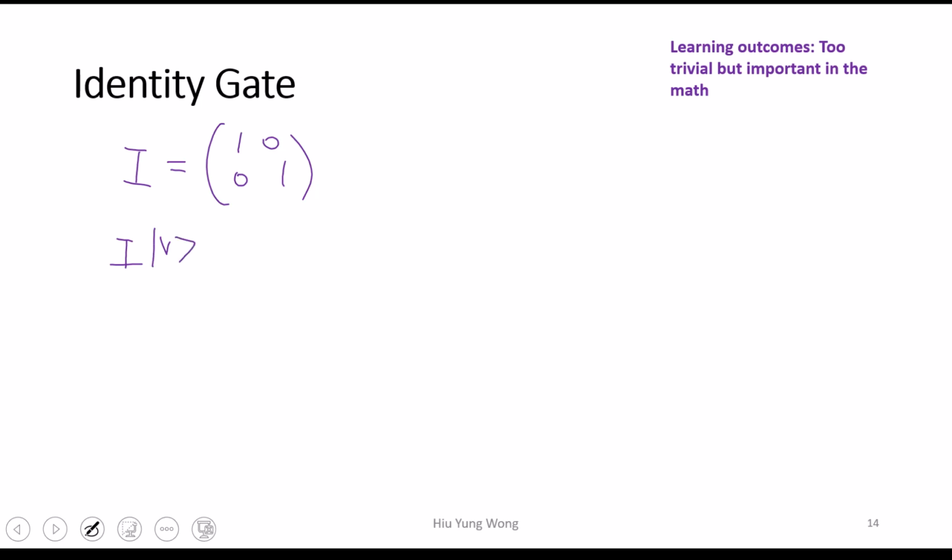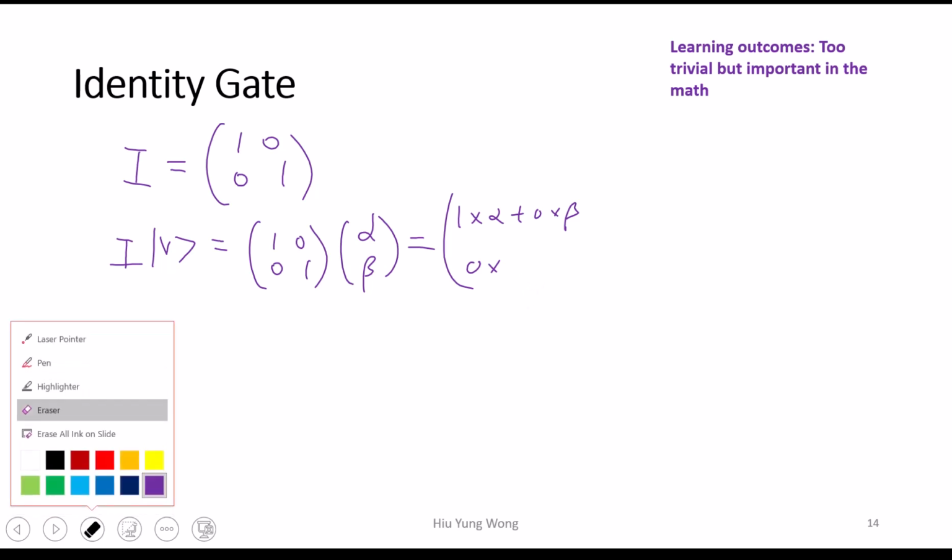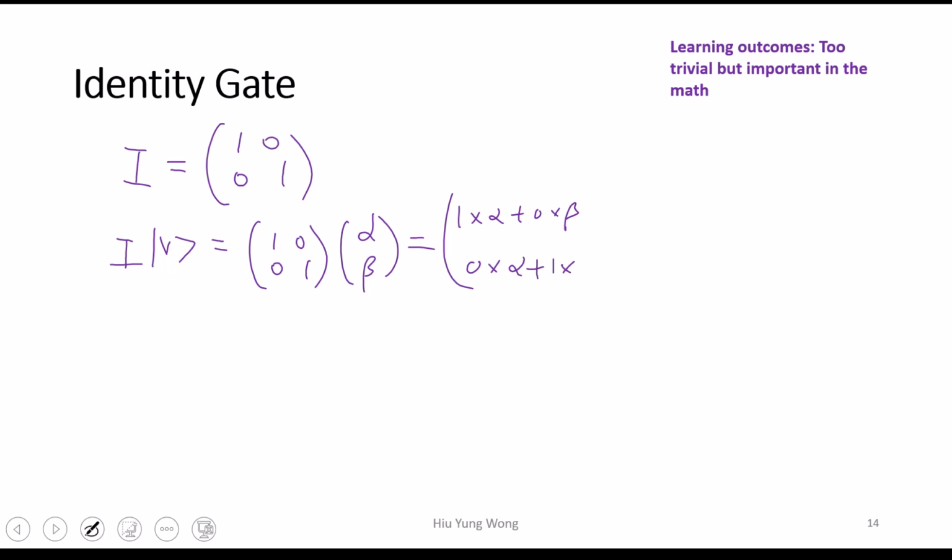I times any vector v equals 1001 times alpha beta, which is 1 times alpha plus 0 times beta, 0 times alpha plus 1 times beta, which equals alpha beta, which is equal to V. We often prove something is an identity by showing that the matrix times any V equals itself, if V is not a zero vector.